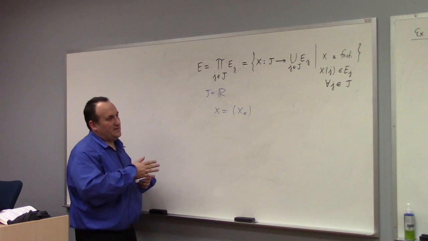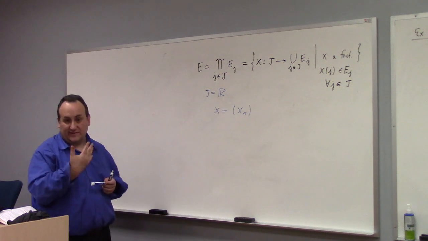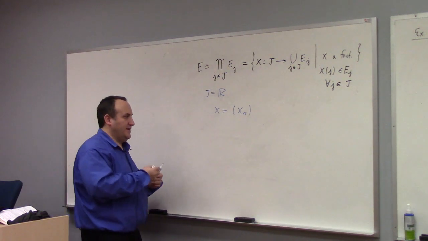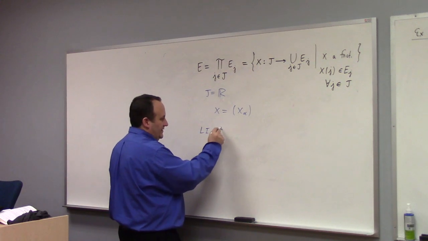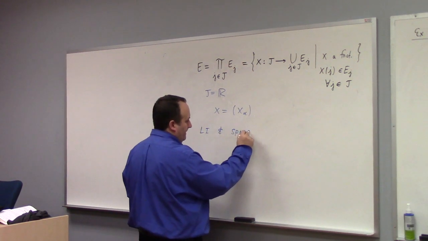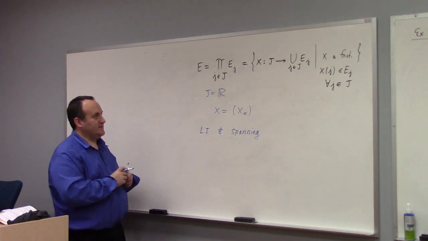So when you're talking about vector spaces, first thing is what's a subspace? What is a vector space, right? But then shortly thereafter, you start caring about linear independence and spanning, right? So what do we mean by linear independence?